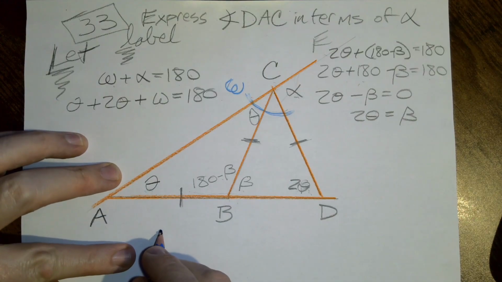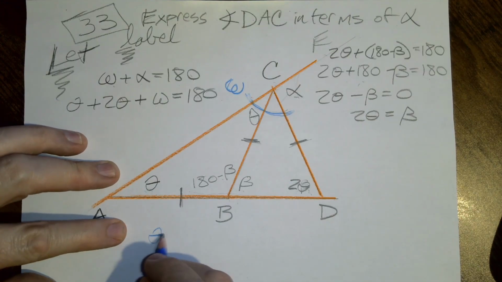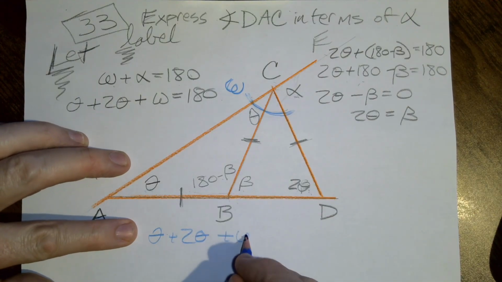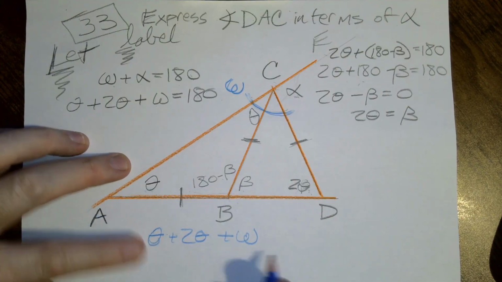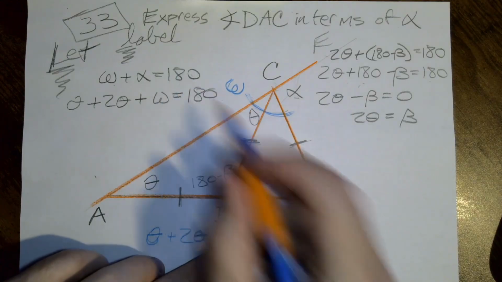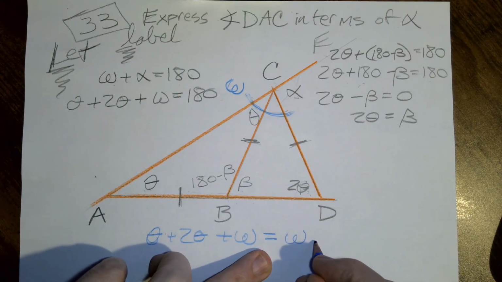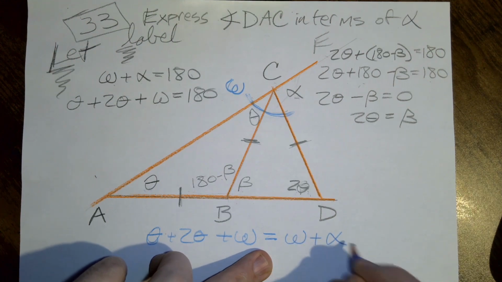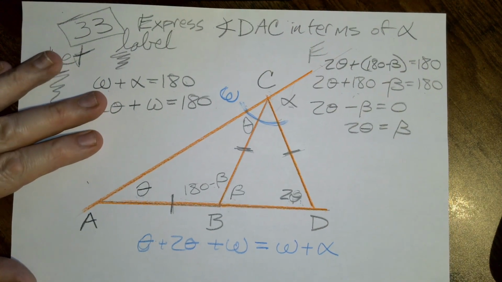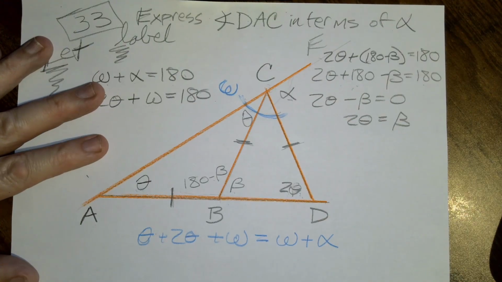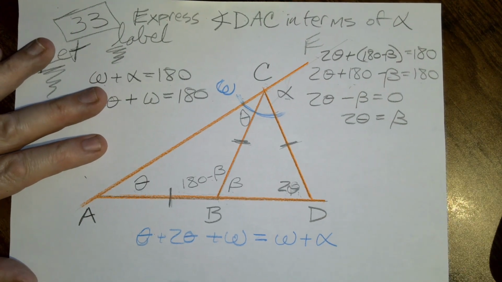We have theta plus 2 theta plus omega is equal to 180, but we know 180 is equal to omega plus alpha. So if we add the opposite of omega to each side, the omegas disappear.